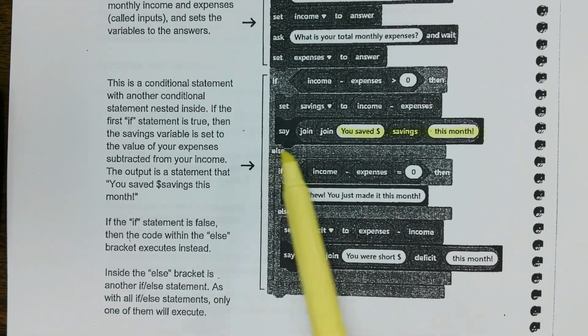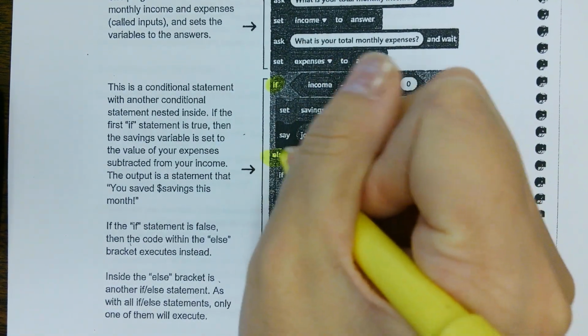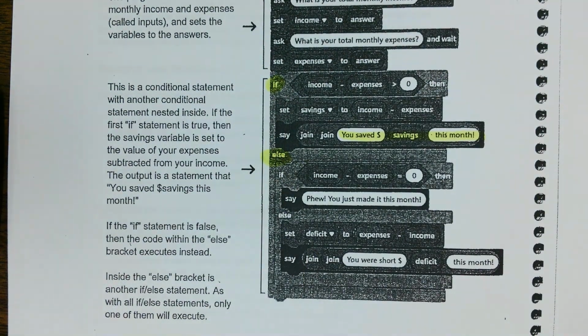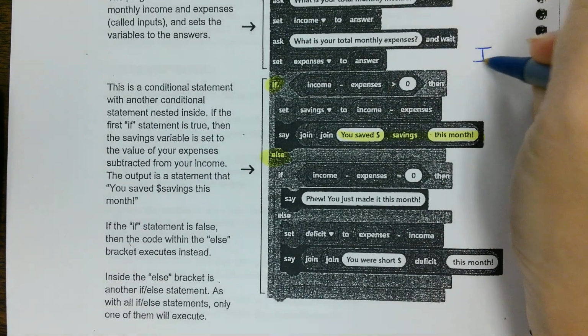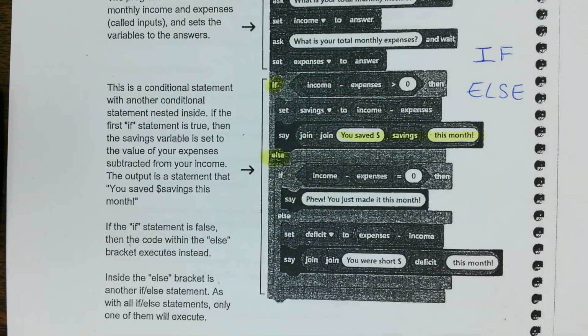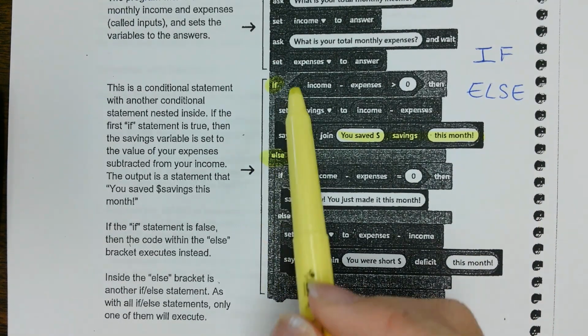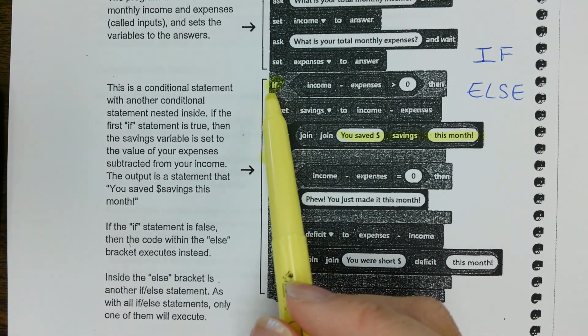Okay. And then notice right here, instead of typing everything all over again, there's this statement: if and else. Okay, this is something that they would ask you on EQAO, if else. So think logically.